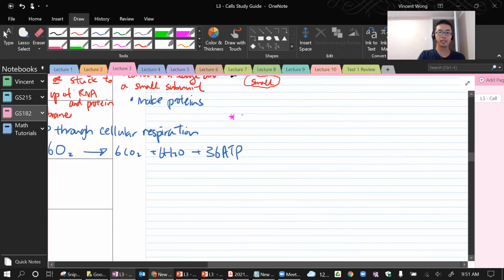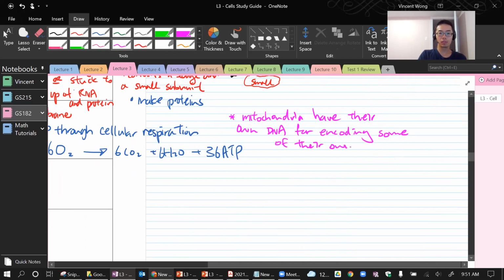The mitochondria have their own DNA for encoding some of their own proteins.